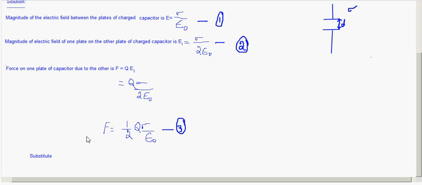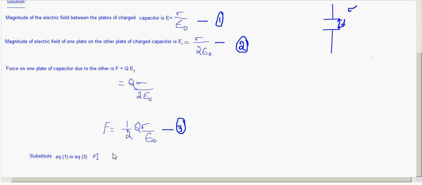Substitute sigma by epsilon naught equal to E, that is, substitute equation 3 in equation 1. What do we get?